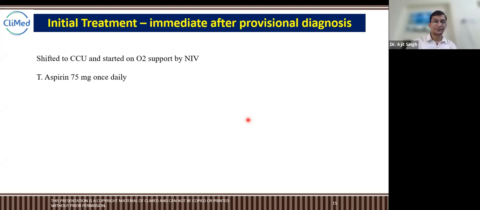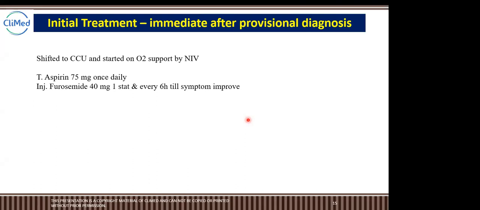Okay, correct. So NIV, aspirin, furosemide, perfectly you said, furosemide 40, one stat, and every 6 hours till the symptoms improve.